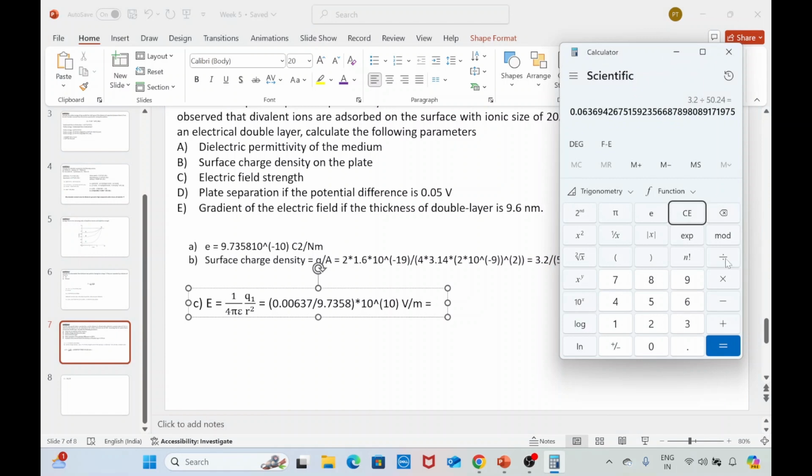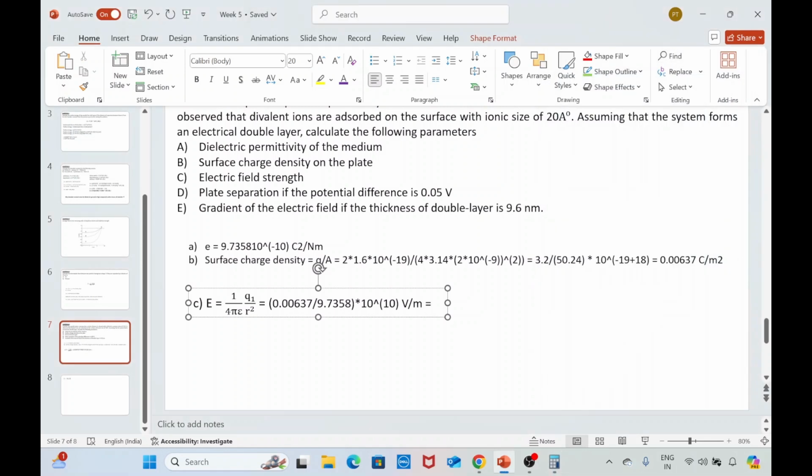So if you divide this, then you will be getting 0.00654, or you can also express this as volt per meter.